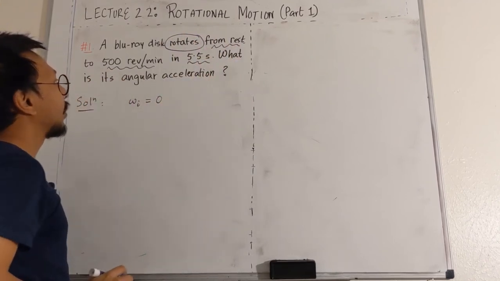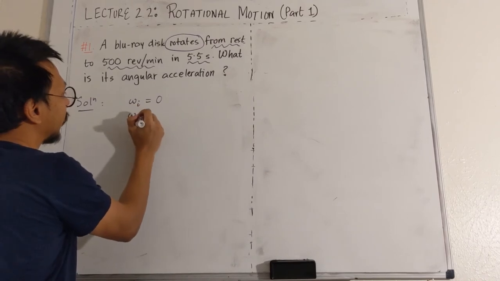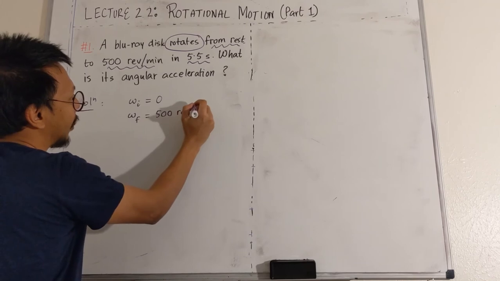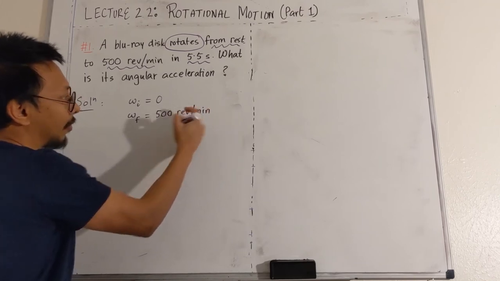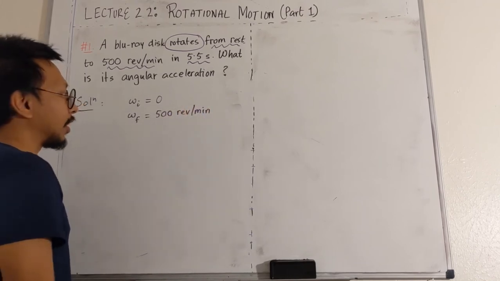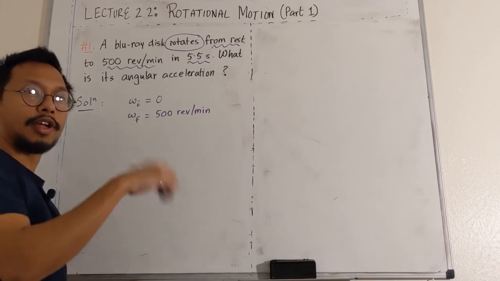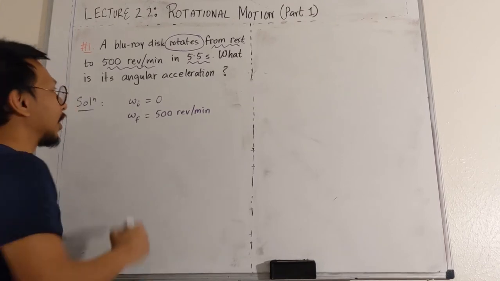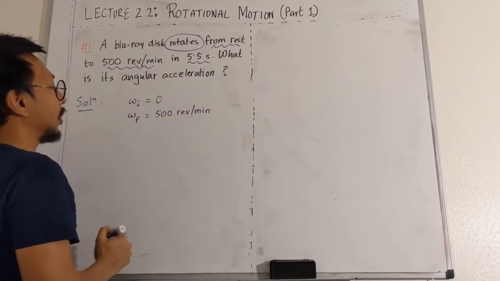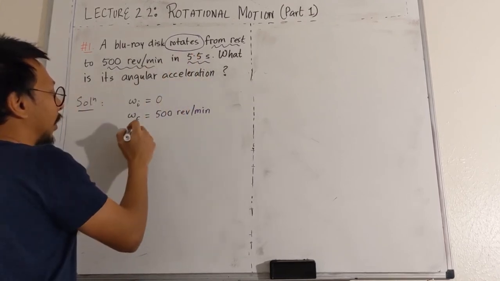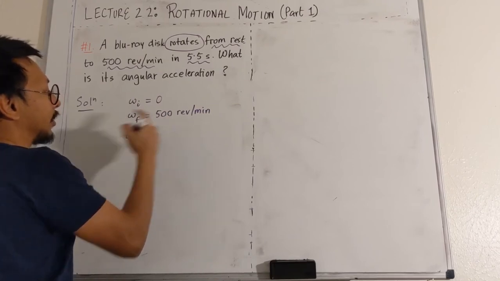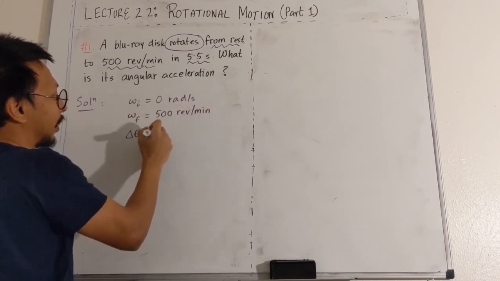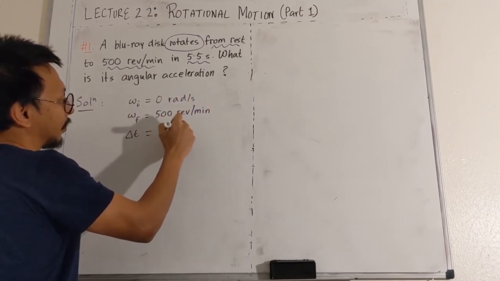Okay, and its final speed was given to be 500 revs per minute. Now remember, revs per minute is not an SI unit. The SI unit is radians per second for omega. So we have to convert this. Keep that in mind. But first let's note down all that we have. The time taken to reach this final speed from 0 radians per second is 5.5 seconds.